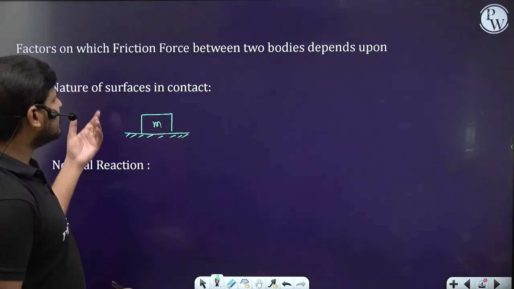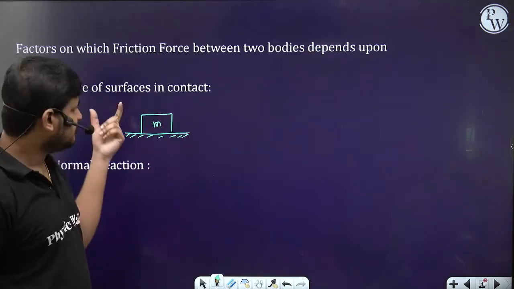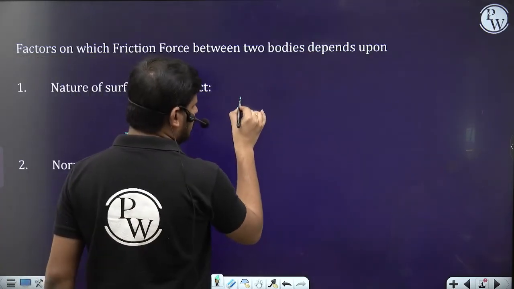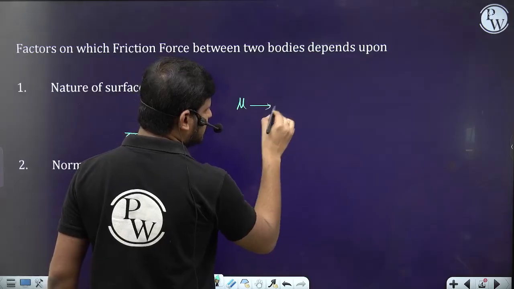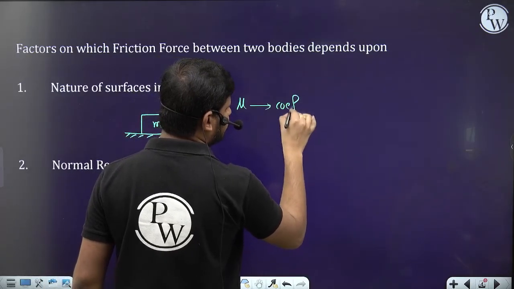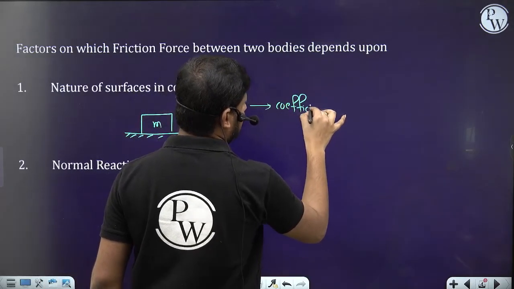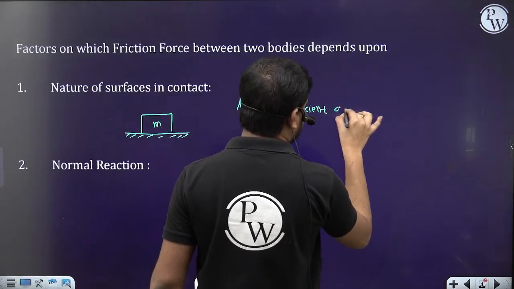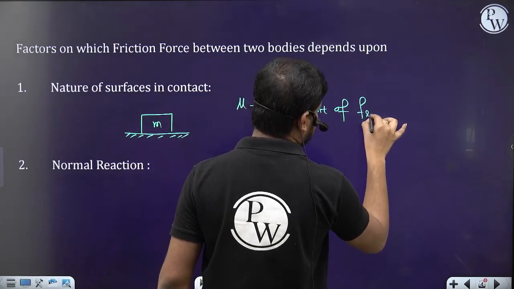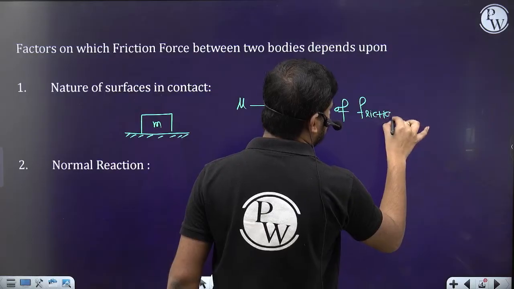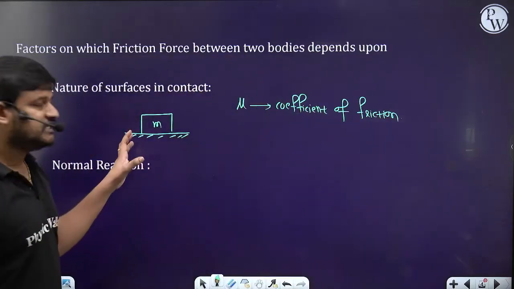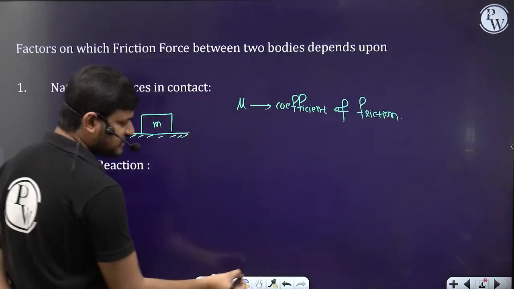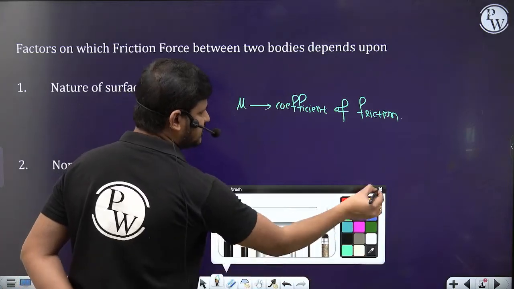The nature of the surfaces in contact is measured by the coefficient of friction. Mu is the coefficient of friction. If the surface changes, the mu value changes.